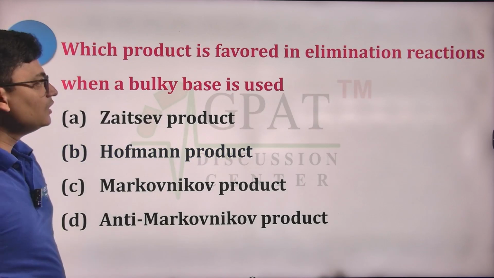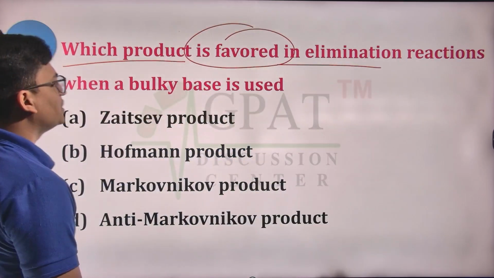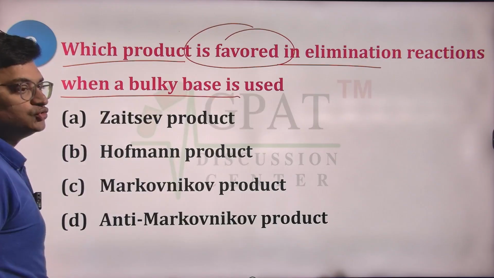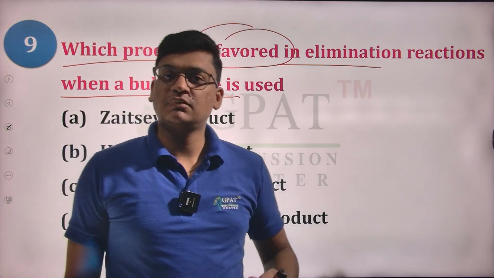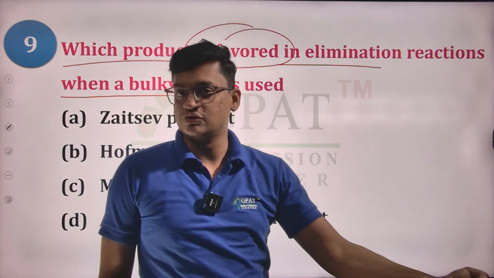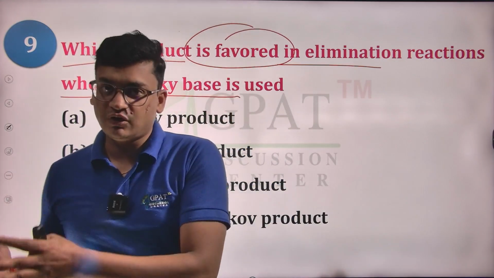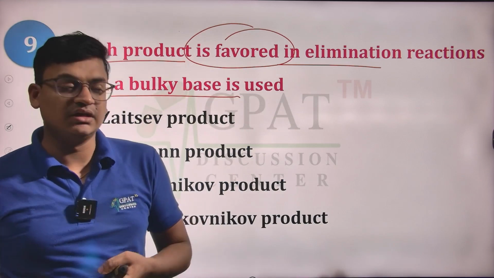Okay. Next question we are having: which product is favored in elimination reaction when a bulky base is used? During the elimination reaction, we know that a base approaches a substrate and gives you a product. Now we have two kinds of products formed when we have an unsymmetrical alkyl halide.